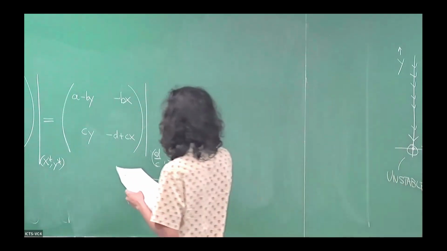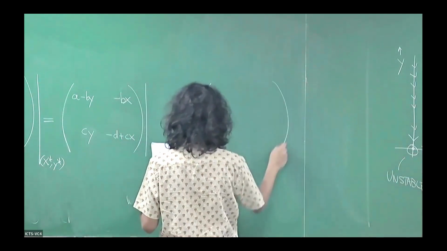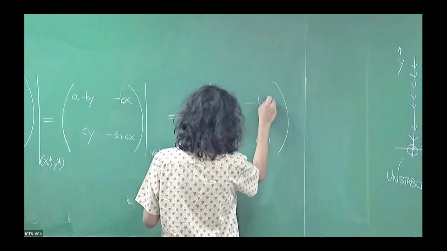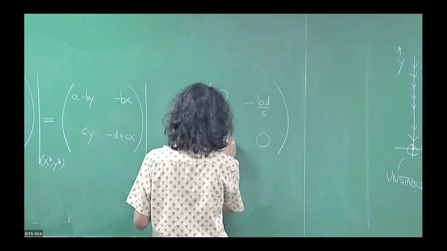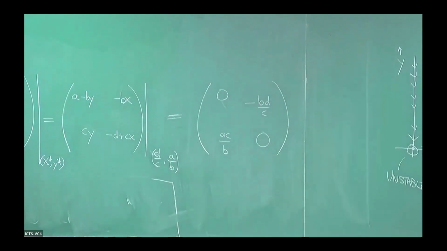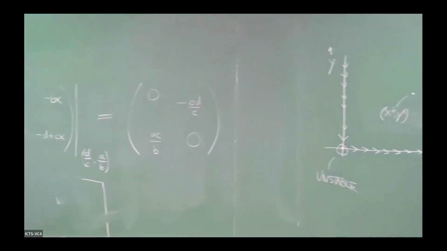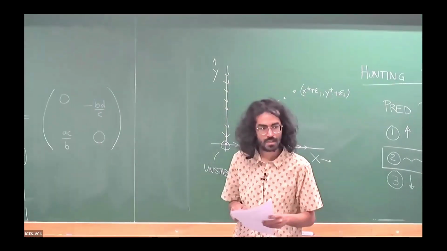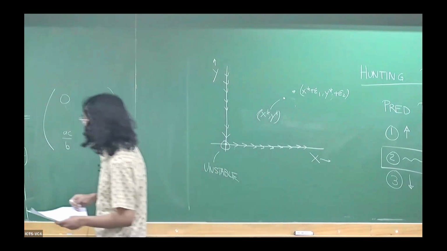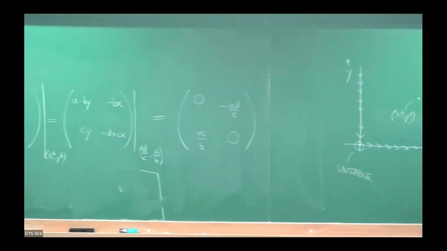And if I put that in, will I get this? Yeah? No? I did something wrong? Okay, great. So we computed the Jacobian at our fixed point.